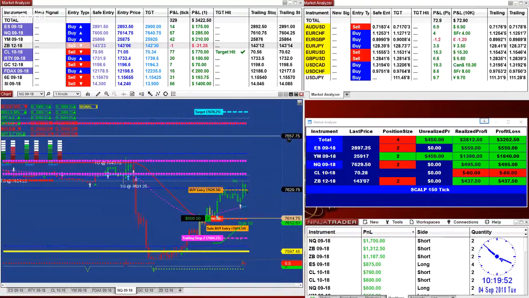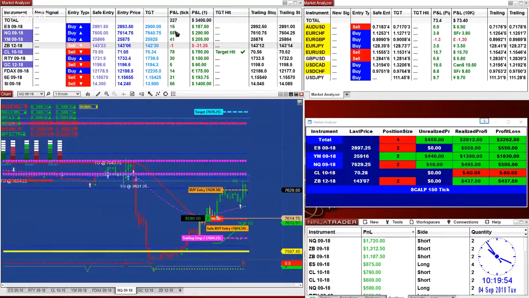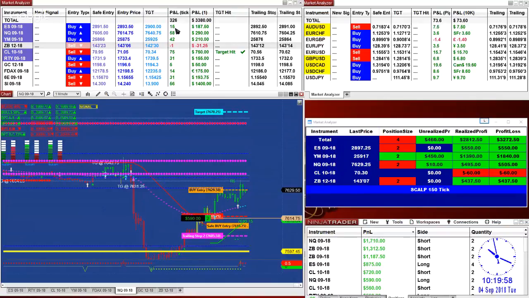Another thing is, if we hatch the market, this is also one of the things. If we hatch the market today, those are the new signals that just came out here in the last 10, 20 minutes. If we look at the ES on the new entry, we have 16 ticks on the NASDAQ. Again, guys, keep your eye on the NASDAQ.